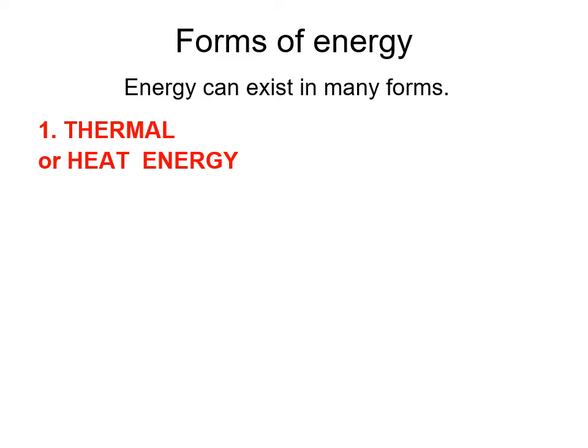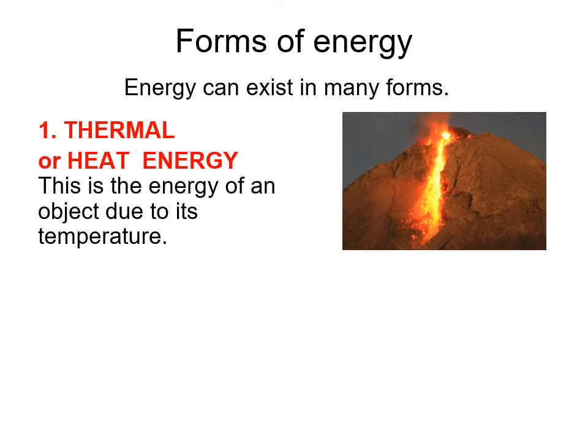Those two terms are interchangeable, and that's due to essentially its temperature. The higher the temperature of an object, the more heat energy it will release. This volcano, for example, is very hot. It has a high temperature, so it's releasing lots of heat energy.